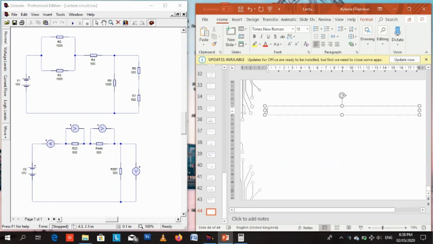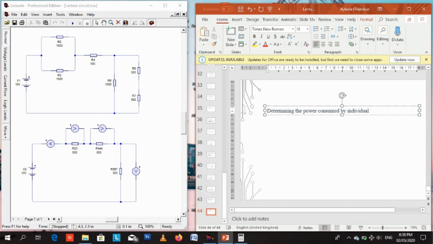So R6 cannot claim the whole of V567, and R7 too cannot claim the whole of V567, because both of them are in series and they are sharing that voltage. But R5 could claim the whole of V567 because it's the only resistor on the second side of that parallel connection.